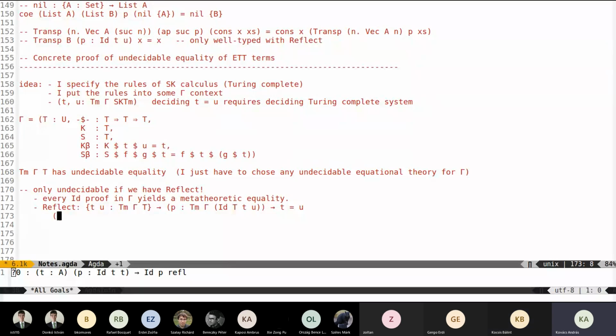So reflect implies that T equals U is decidable if Tm gamma ID T U is decidable. But we can very easily show that Tm gamma ID T U is just the equational theory of SK calculus. So this is undecidable. So this must be undecidable as well. Okay.